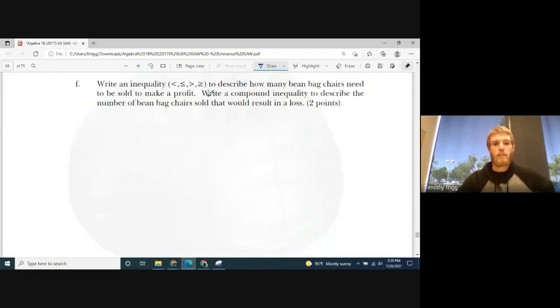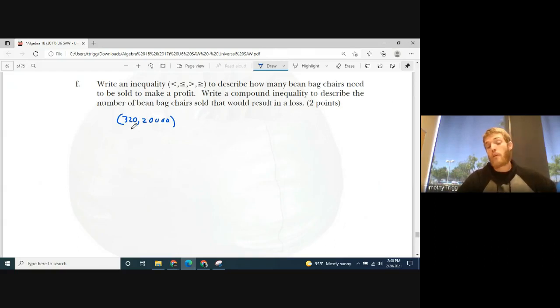Write an inequality to describe how many beanbag chairs need to be sold to make a profit. Remember, our break-even point was 320, 20,000. If I sell less than 320, then you actually have a loss. You've lost money. If you sell exactly 320, you didn't lose or gain, you broke even.